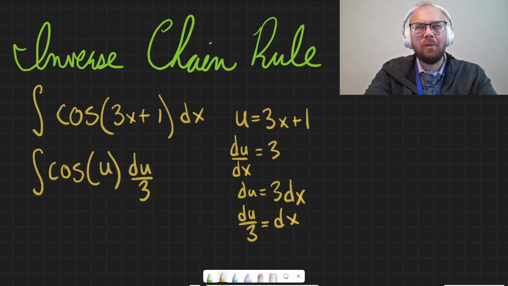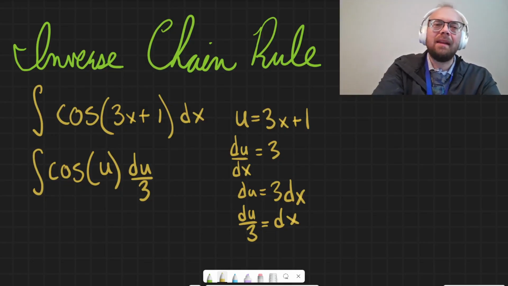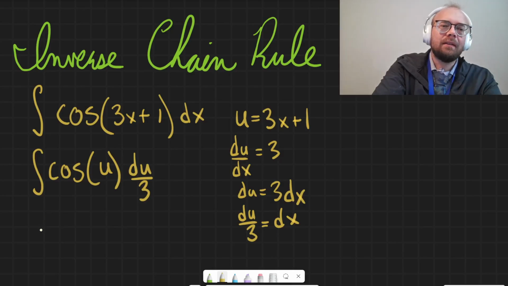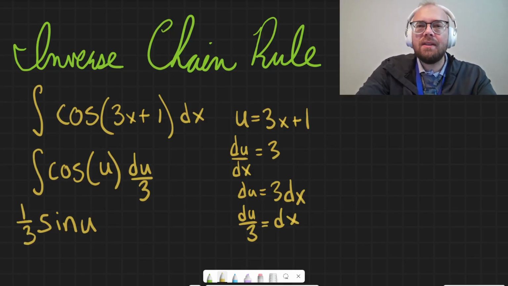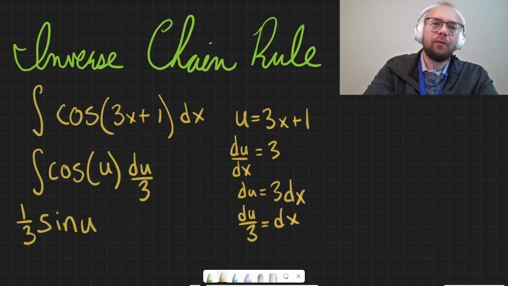It makes the problem look easier, though it doesn't actually make it any easier. So the integral then would be the sine of u with a 1/3, because the derivative of sine is cosine, so the antiderivative of cosine would be sine.